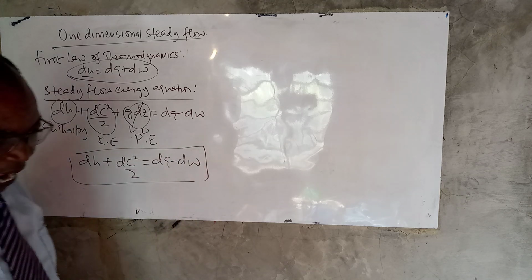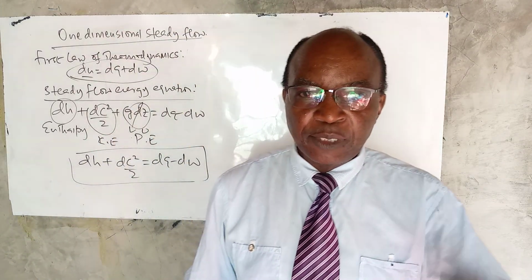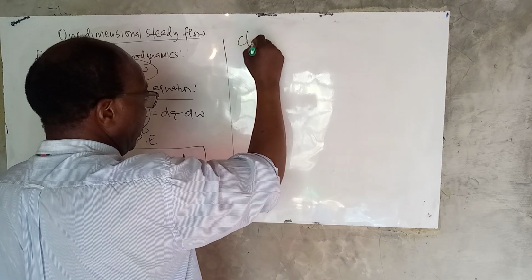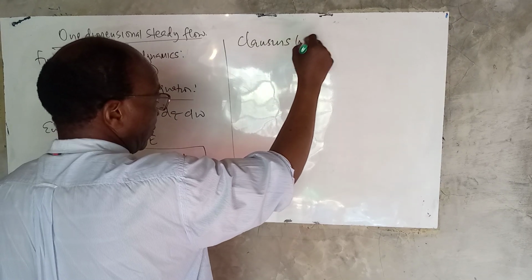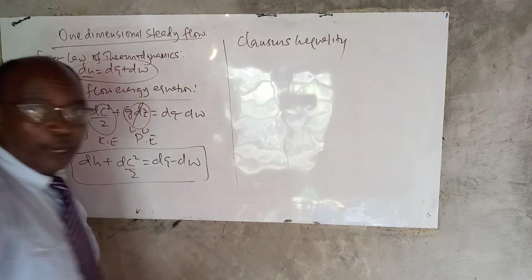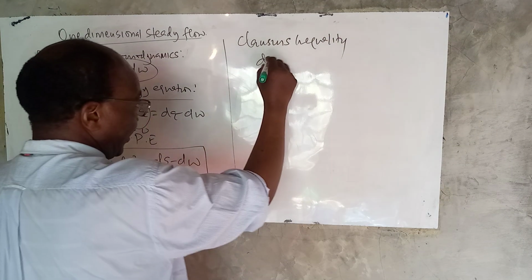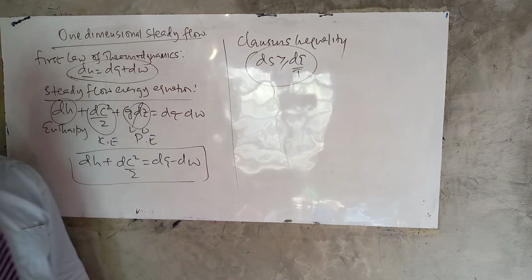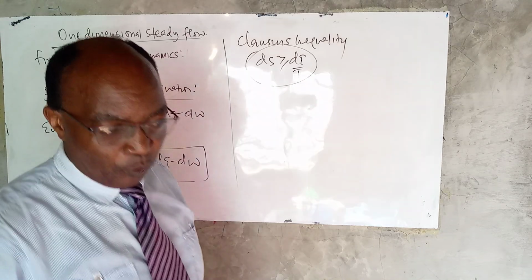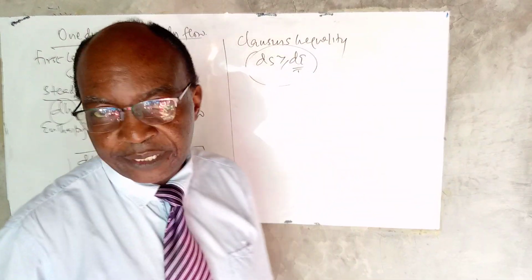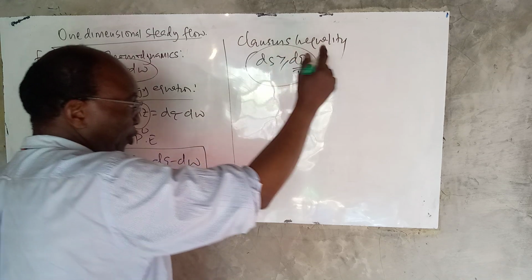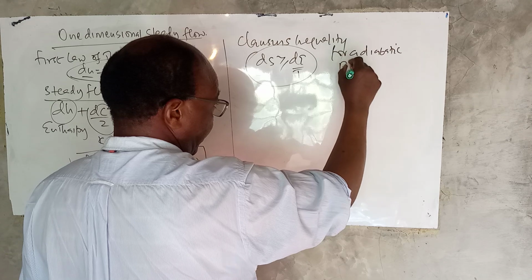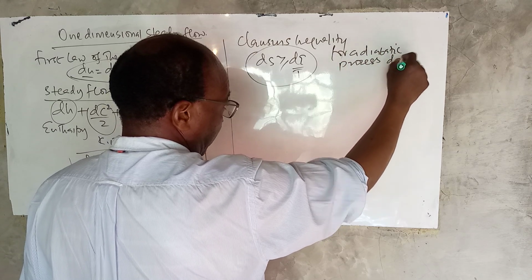So that's the first law. And we also remember that from the second law of thermodynamics, we have the Clausius inequality, where dS is greater than or equal to dQ over T. So it therefore follows that when we are talking of adiabatic processes, then dQ is equal to zero.